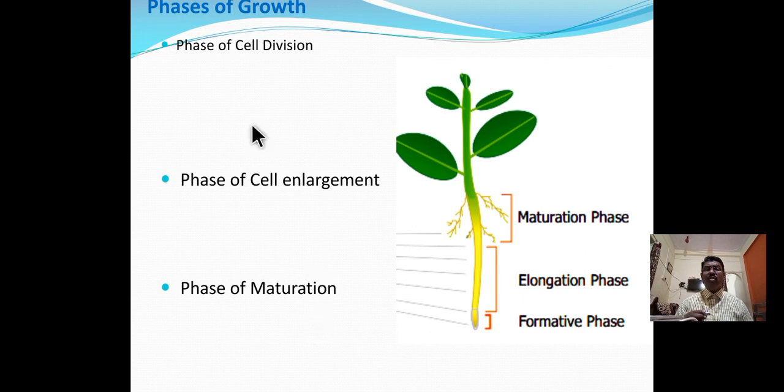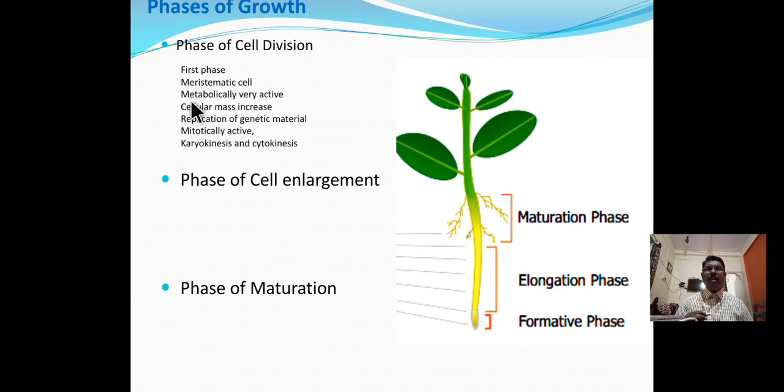As I told you, the phase of cell division is nothing but the phase of cell formation, the formative phase. In the formative phase, we will find cell division. This is the first phase of growth. It takes place in the meristem. The meristematic cells at the growing point are isodiametric with a dense mass of protoplasm.